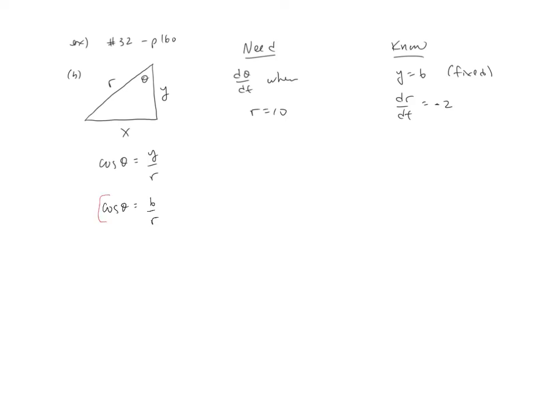Now, I'm going to take this and d/dt it. I know that it wants to be with respect to t because of the need and know information we have in this problem. The derivative of cosine with respect to t would be a negative sine of theta times the derivative of the inside, d theta/dt.